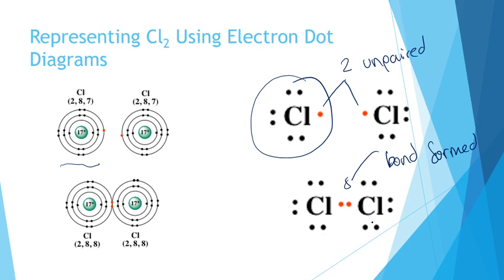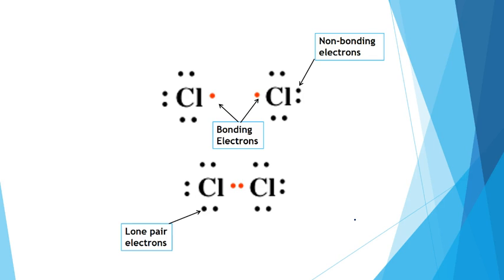And we can see here that chlorine now has 2, 4, 6, 8 around it, and this chlorine has 2, 4, 6, 8. So they are both quite stable, so they will form the bond.